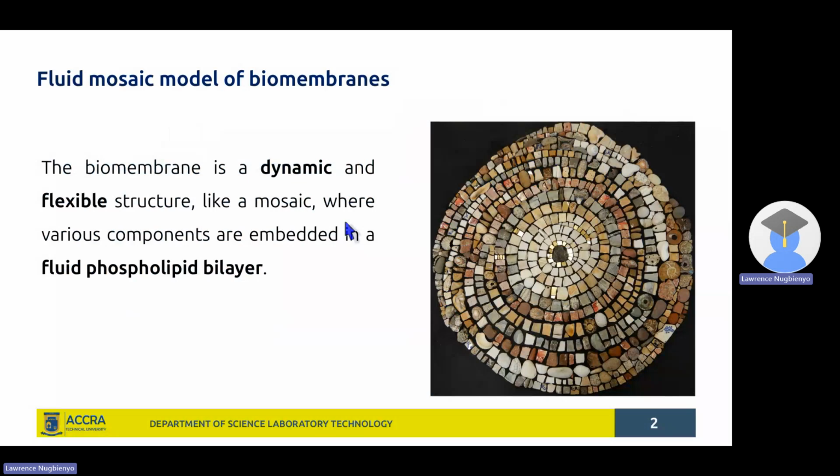You saw cholesterol and other things together. So all of these come together to form what is being referred to as a mosaic structure. Now we say it's fluid because that structure is flexible, it's not rigid. So that is why we refer to it as a fluid mosaic model.